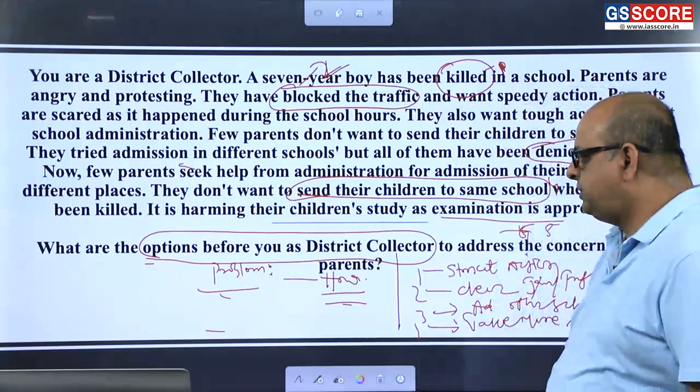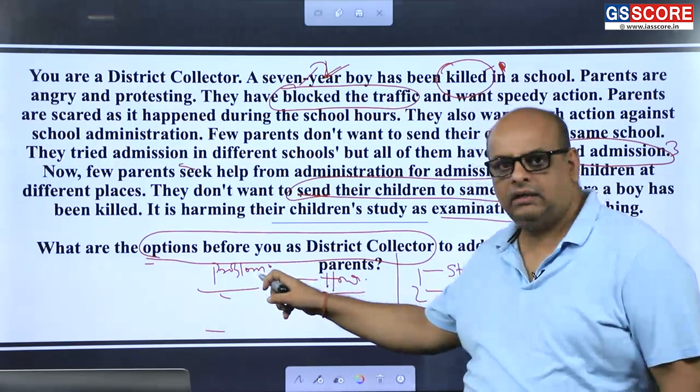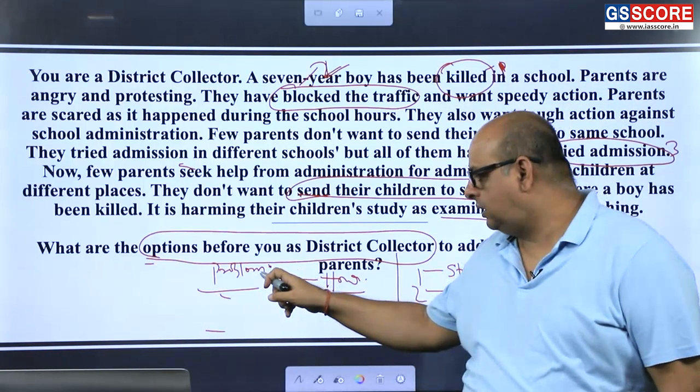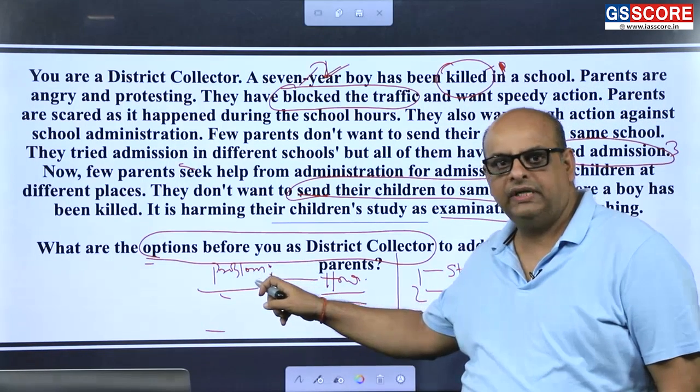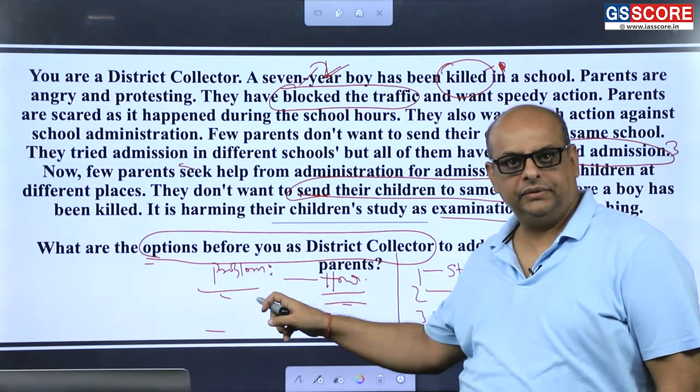The point which I am trying to raise here is that never ever try to get trapped in or try to find the problem very narrowly. Don't define the problem narrowly. Not at all. Try to understand it.